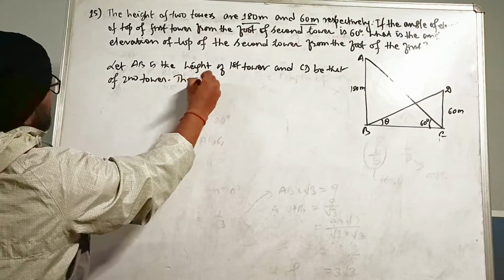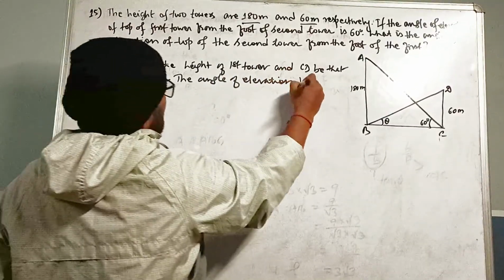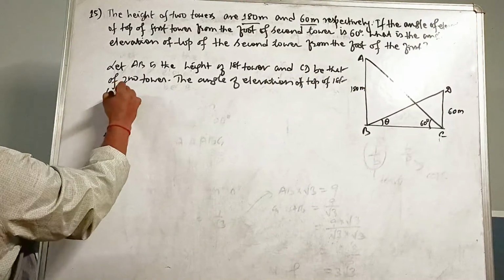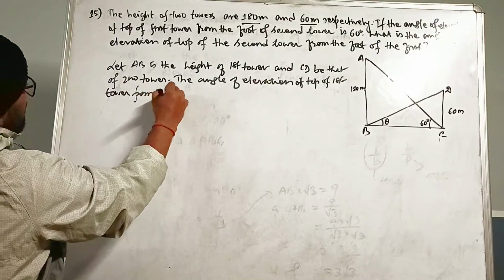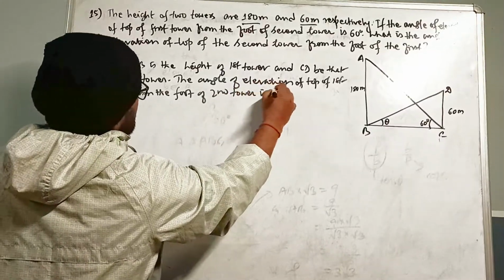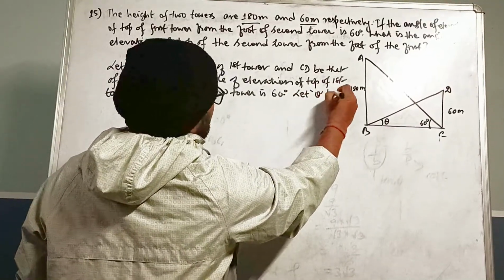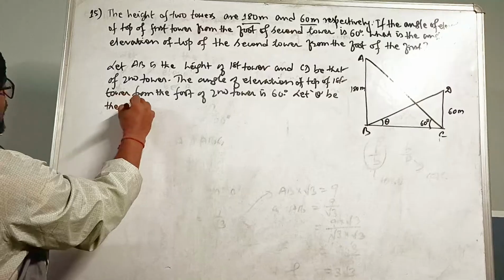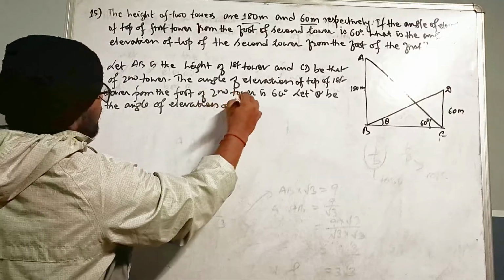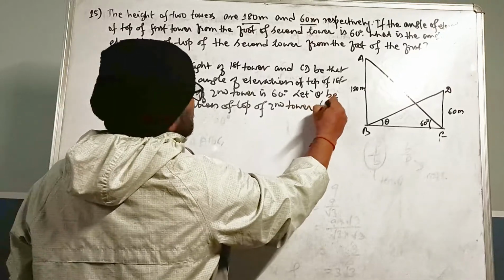The angle of elevation of the top of the first tower from the foot of the second tower is 60 degrees. Let theta be the angle of elevation of the top of the second tower from the foot of the first tower.